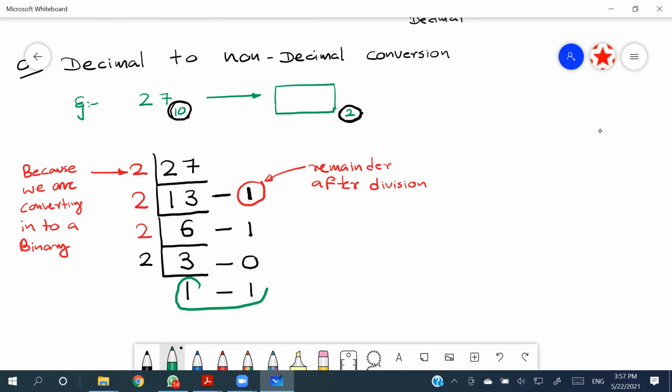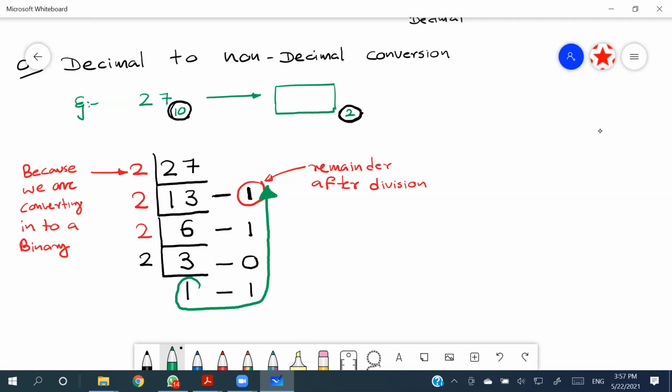From the place we have stopped, consider the remainders from bottom to top.